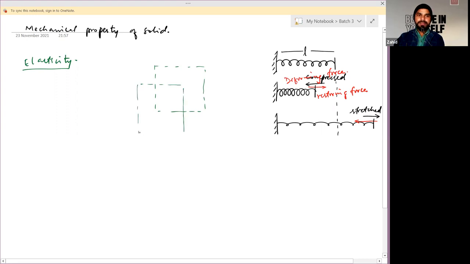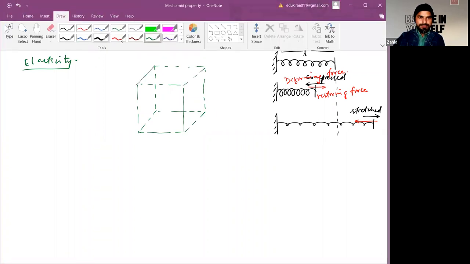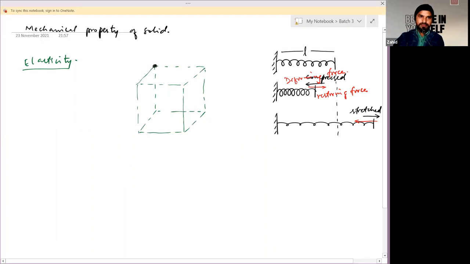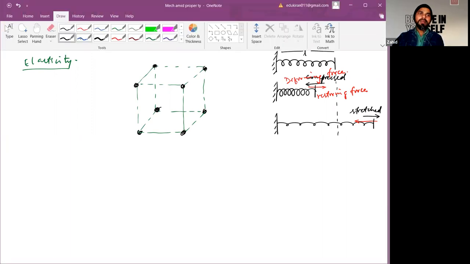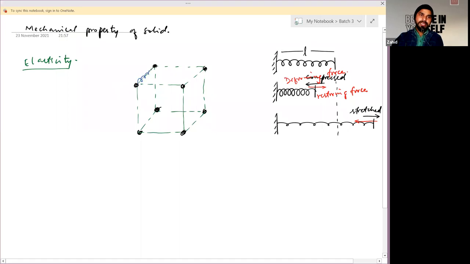Similarly, we may define for any solid, let's say, if particles in a solid are arranged at the vertices of a cube, and bonding in between them behaves as a spring-like structure, due to which it has a tendency of regaining its original shape.